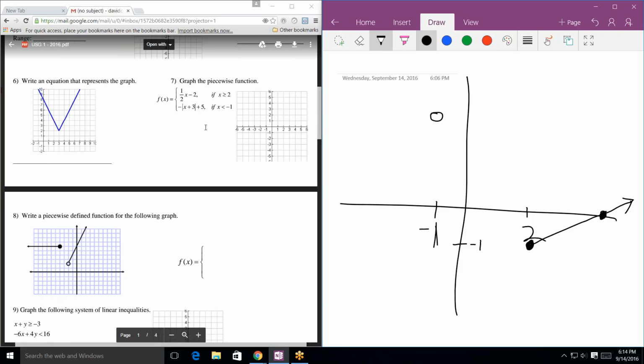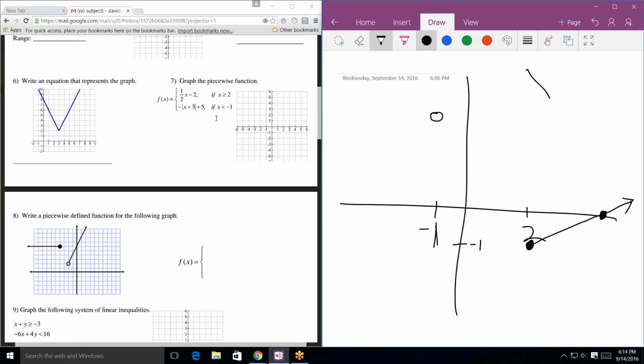So, and it's been reflected over the x-axis. So instead of looking like this, it must look like that, right? Right. And it's shifted 3 units to the left and up 5. Well, I really only need one more point.